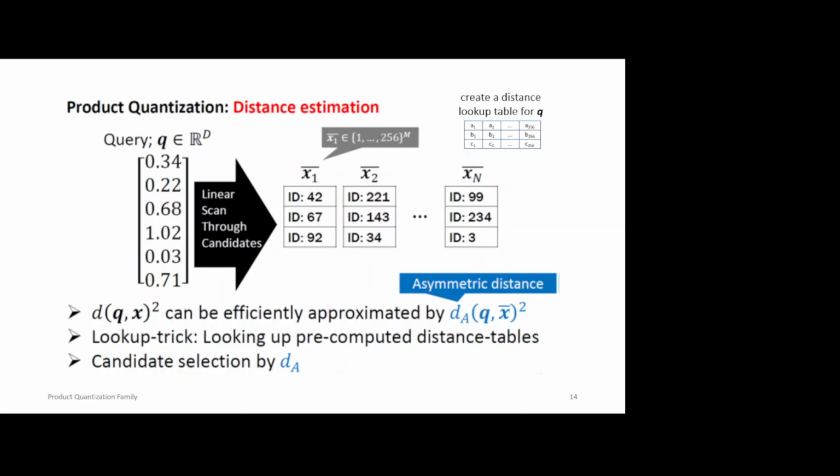So for the first segment, the centroid ID is 42. You just check this codebook and use this centroid to recover a two-dimensional vector. For the second, we repeat to recover it.